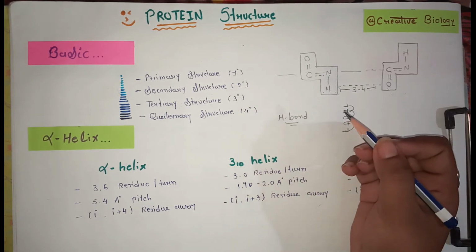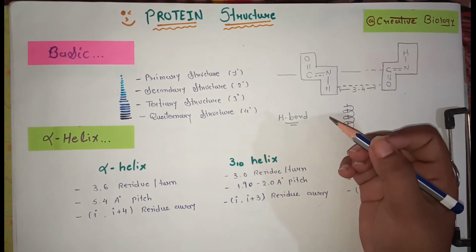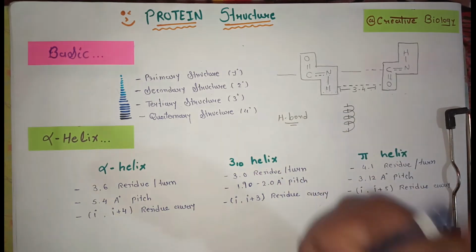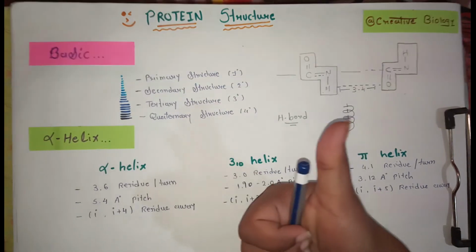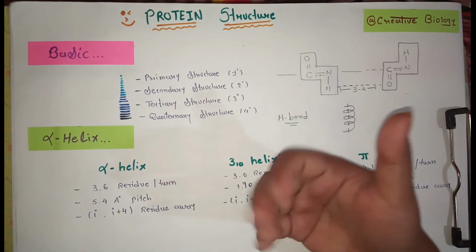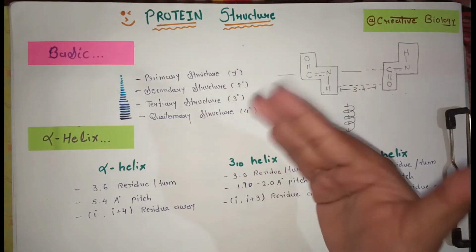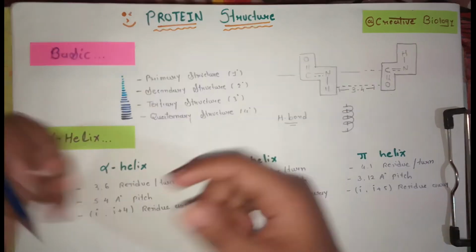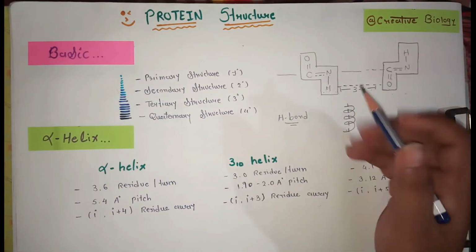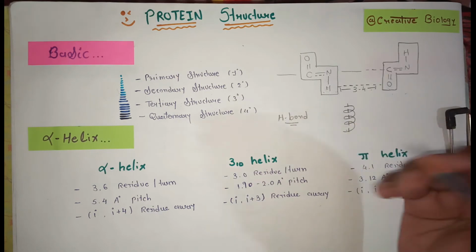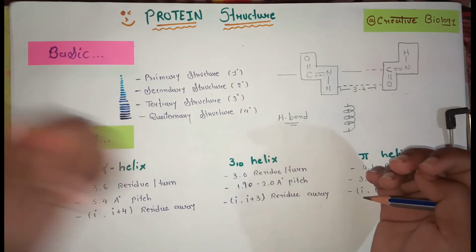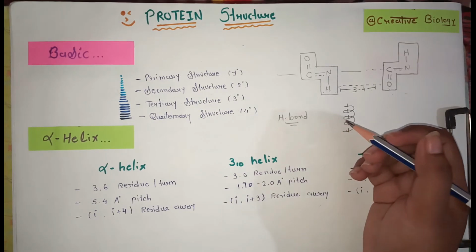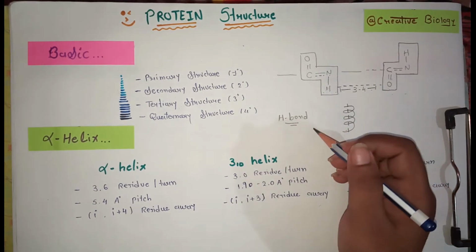How can it be recognized? It can be recognized by a simple thumb rule. If I take this thumb as an axis, see this axis, and my fingers rotate in the right direction, that type of helix is known as right-handed. If it rotates in the left direction, that is known as a left-handed alpha helical structure.